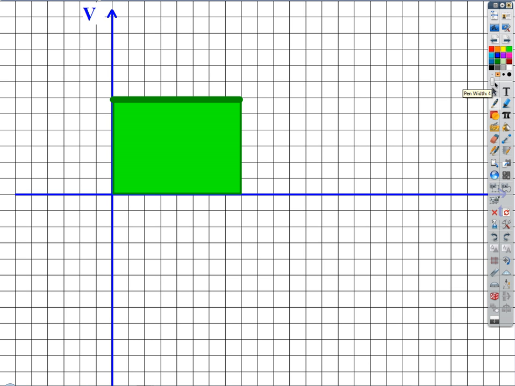So what's happening there? It's a pretty boring trip that's being taken. But what's happening? You're on cruise control. And how fast am I going? Going 6 meters per second. For how long? 8 seconds.